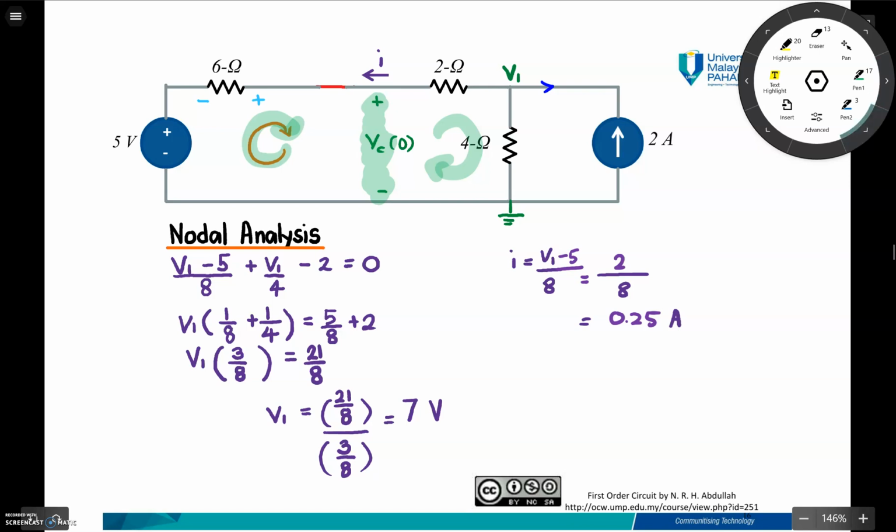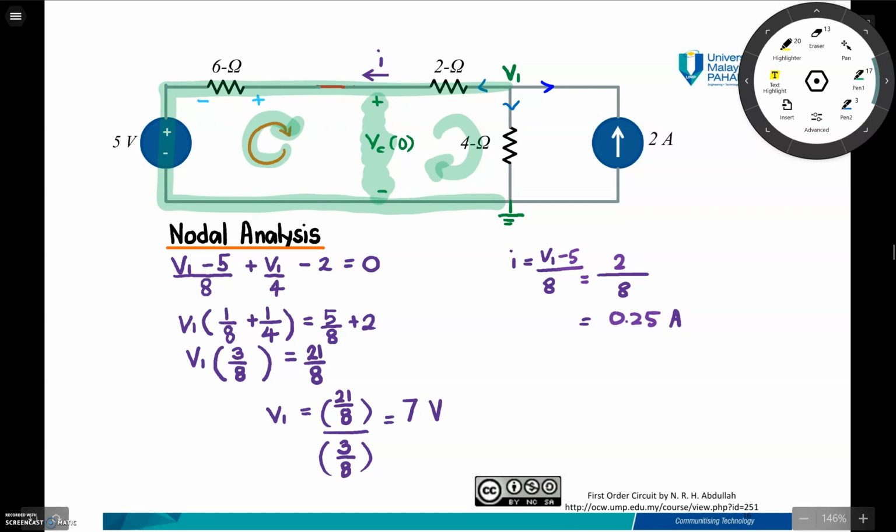And by using nodal, I choose that the current exits the node. And then for the first equation of current, nodal is a summation of currents in one node equal to 0.